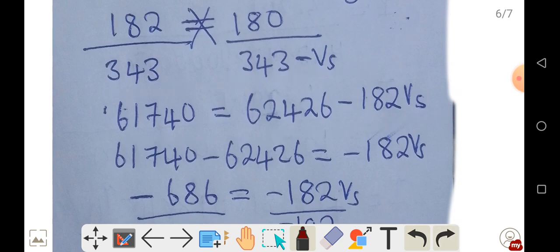At this point, we will get the like terms like that. Then this is negative.